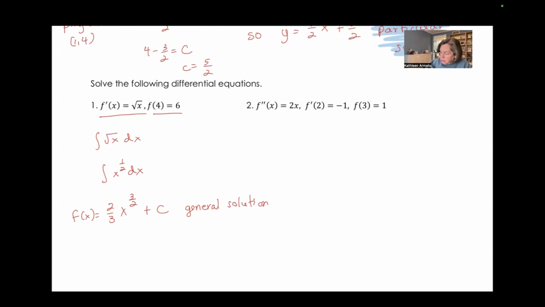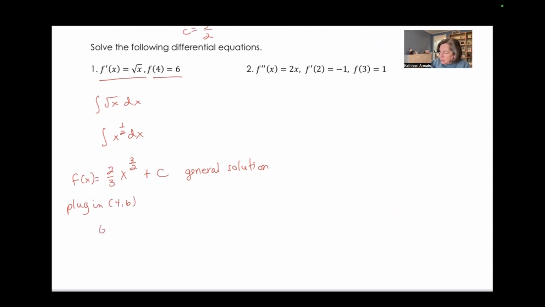In order to find the particular solution, I plug in the point 4, 6. So 6 equals 2/3 times 4 to the 3 halves plus c. The square root of 4 is 2, and 2 cubed is 8.